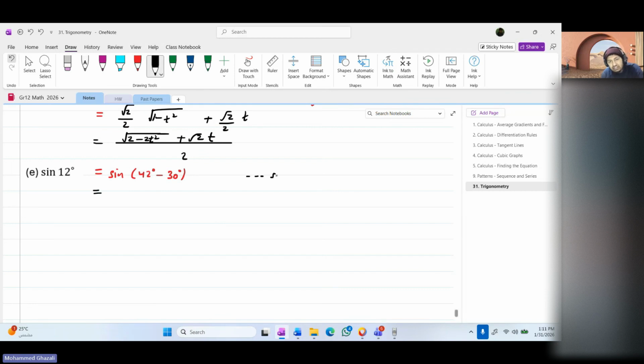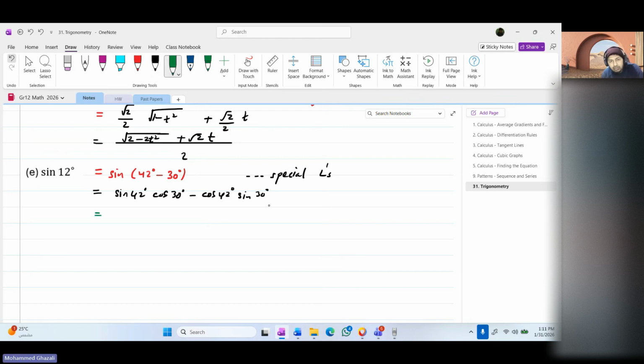So we are using special angles and angles of triangles, right? Special angles. So the sine 42 cos 30 minus cos 42 sine 30, okay?